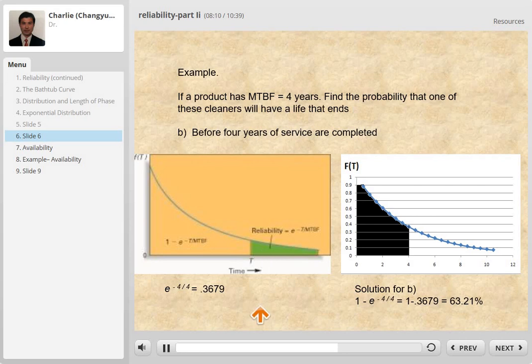We know part of it equals 0.3679. So this area equals 1 minus the size of the other area. The area beyond 4 equals 0.3679, so the highlighted area equals 1 minus 0.3679. If we calculate this, it equals 63.21%.